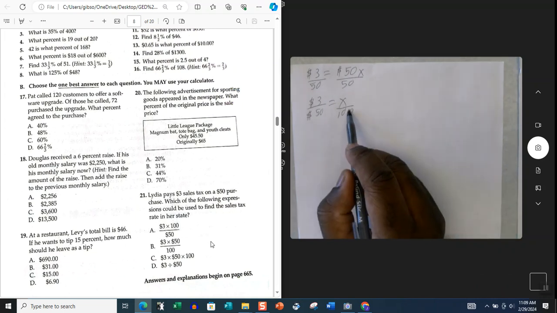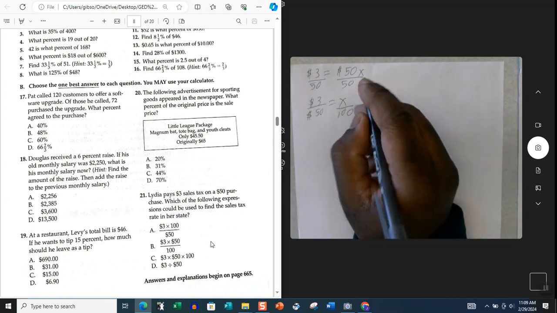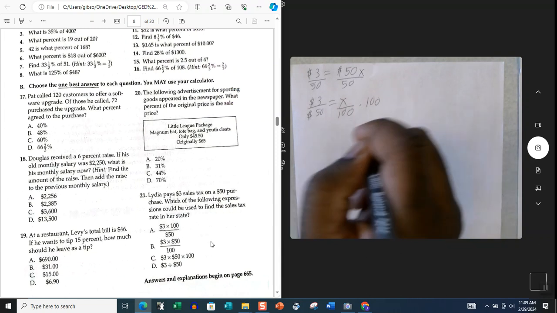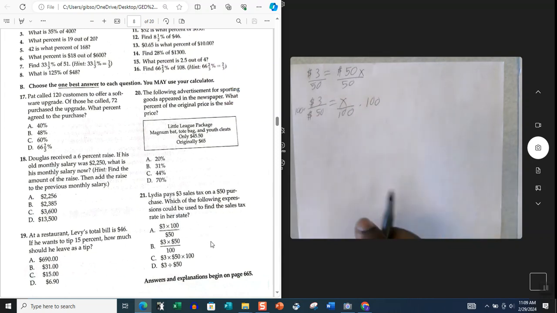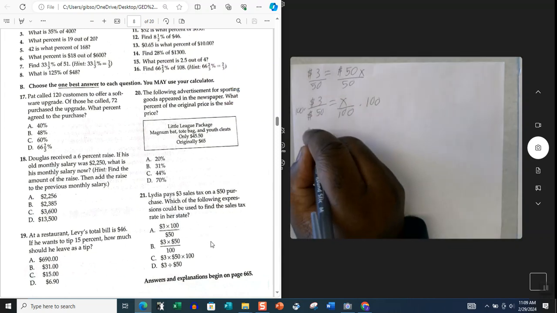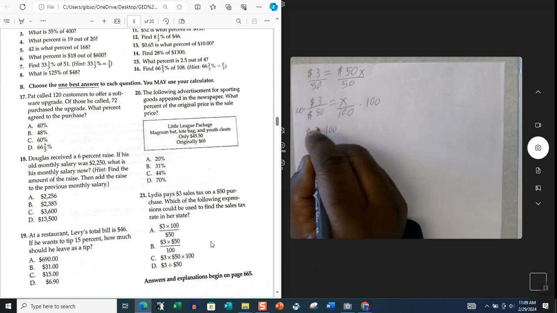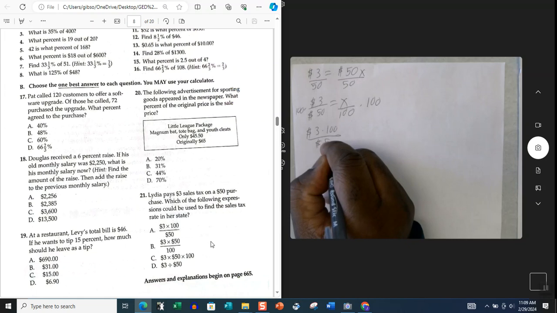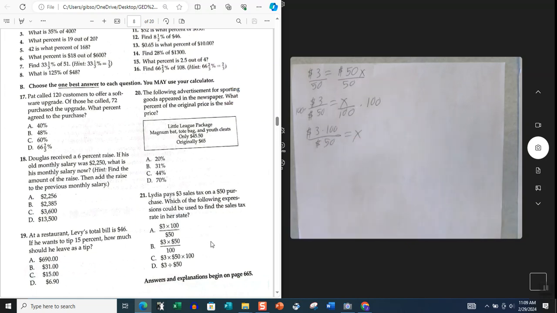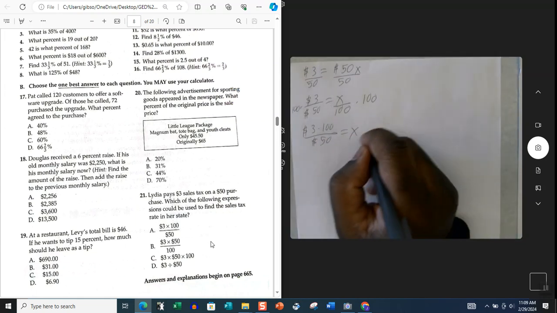Now, to get rid of the 100, we multiply each side by 100. So in your numerator, you will have $3 times 100 all over $50, and that would equal X. So your answer would be A.